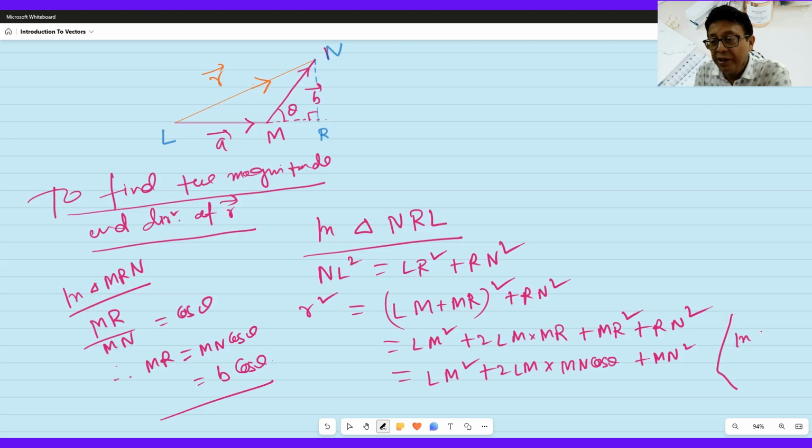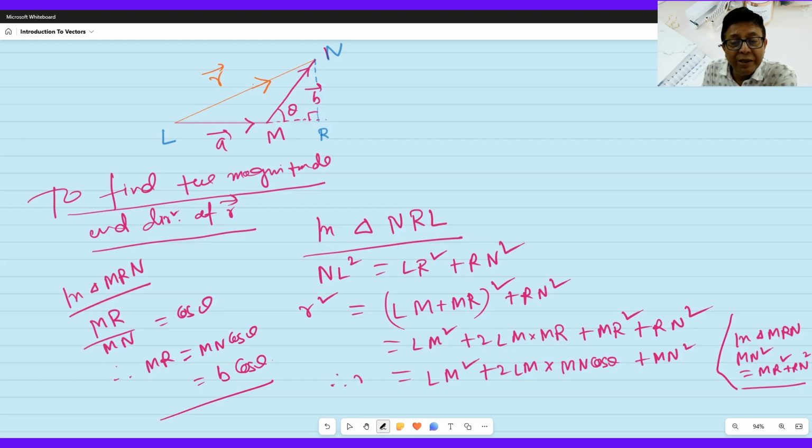In triangle MRN, MN square is MR square plus RN square. Clear?